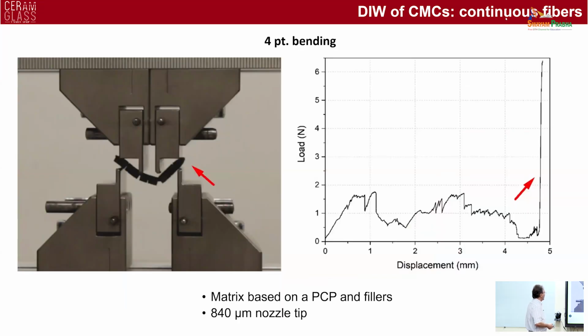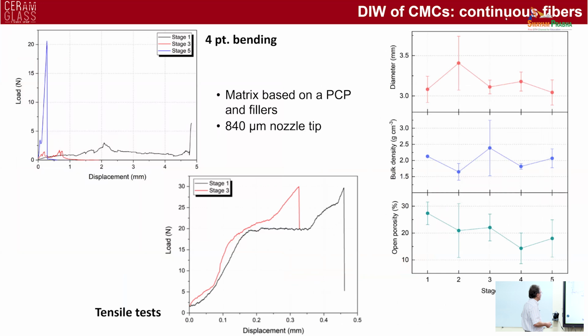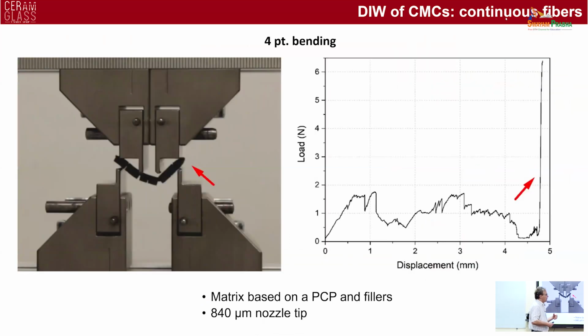And if you carry out 4-point bending, since the part has already some cracks, the strength is not very high, but you can see that we have a composite behavior. Well, this doesn't add much to the information. Oh yes, we carried out also tensile tests because the bending test was carried out to verify that we had composite behavior, so graceful failure as it is called.